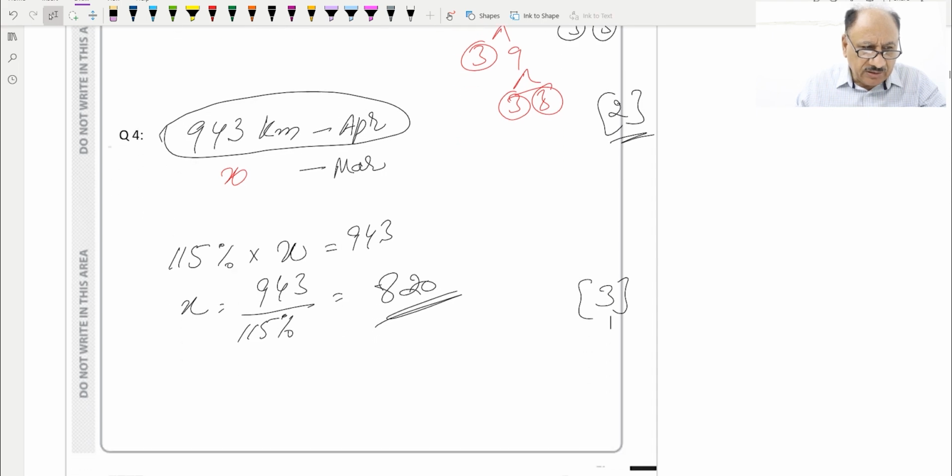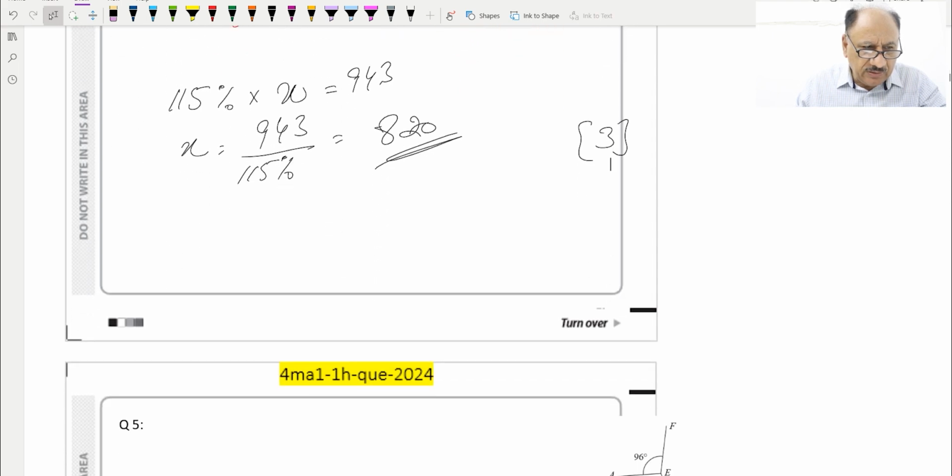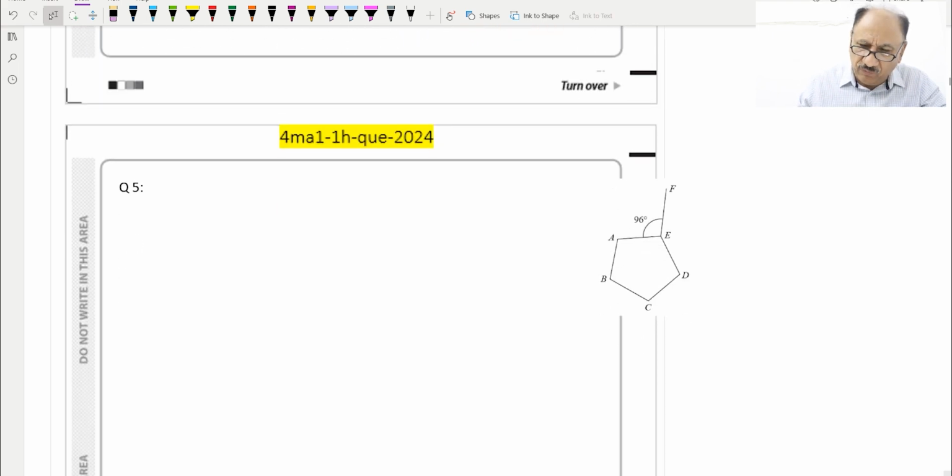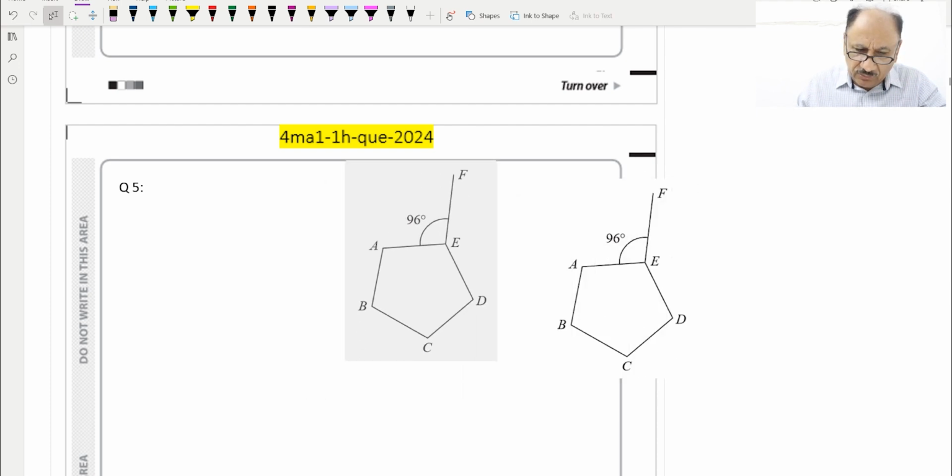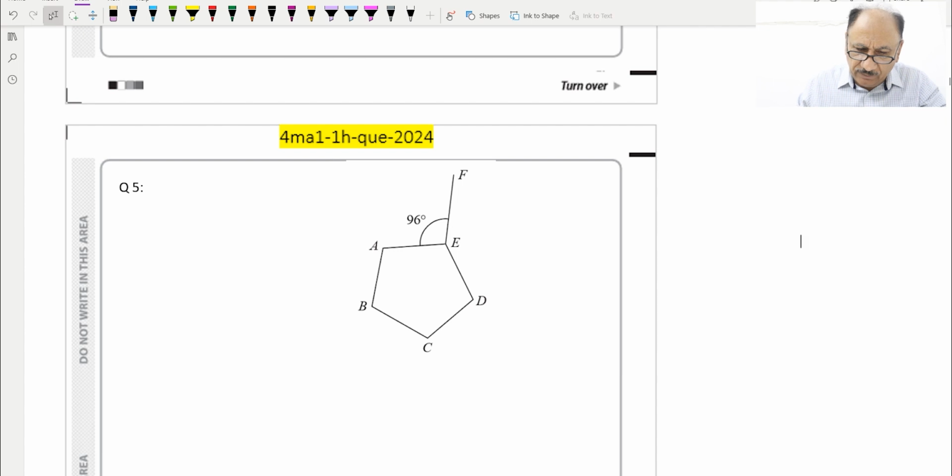And the next question is in the diagram, which is question number 4, and the diagram which we will be referring to is this one. You can see this diagram, which is not to scale. The diagram ABCDE is a regular pentagon, so it means all the interior angles and exterior angles and the lengths are equal.